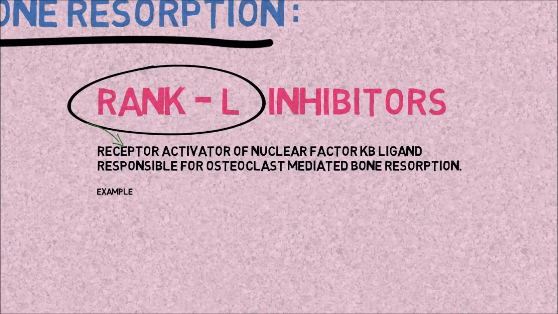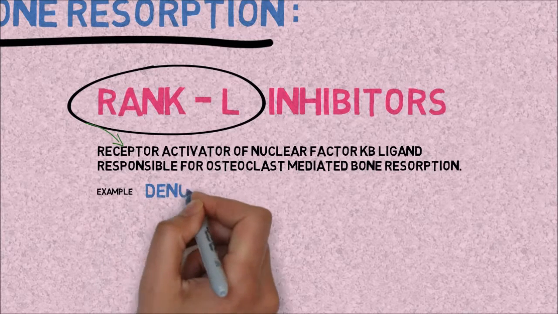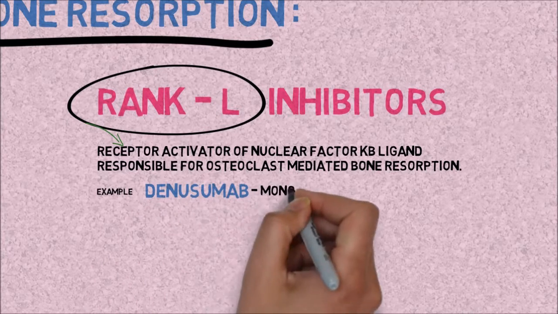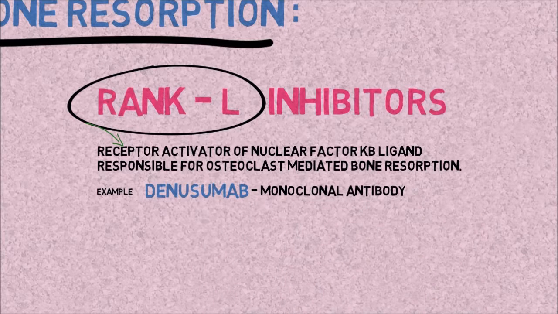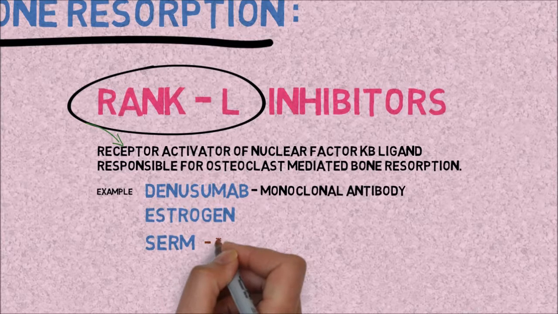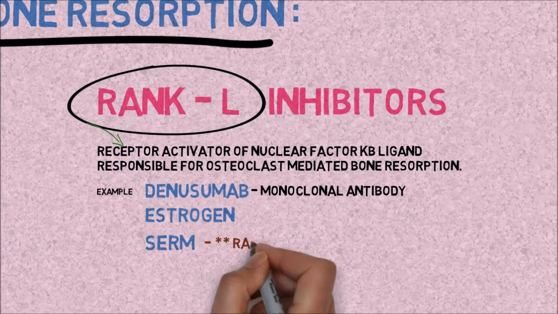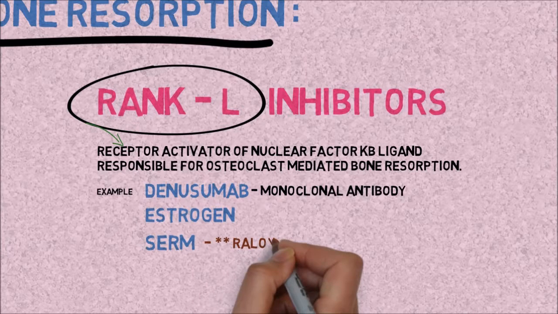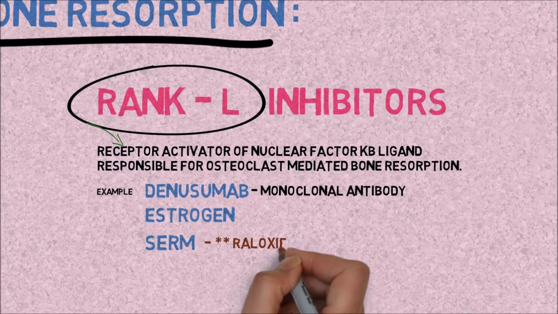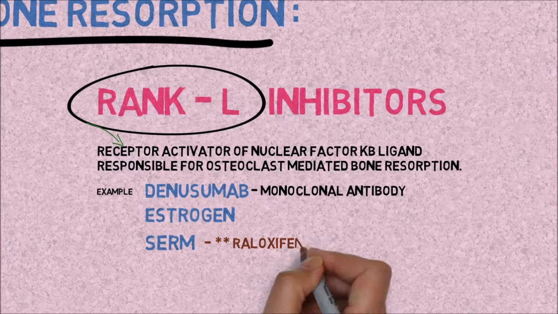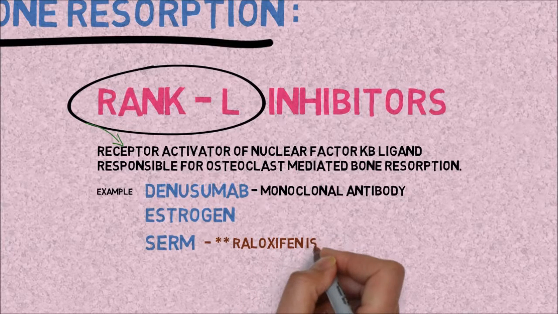The examples are number 1, denosumab. Denosumab is a monoclonal antibody against RANKL. The second one is estrogen. The third one is selective estrogen receptor modulator, especially raloxifene. Tamoxifen is not used, raloxifene is used, and they tend to inhibit the RANKL pathway.